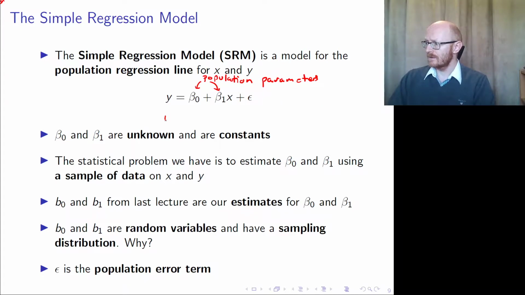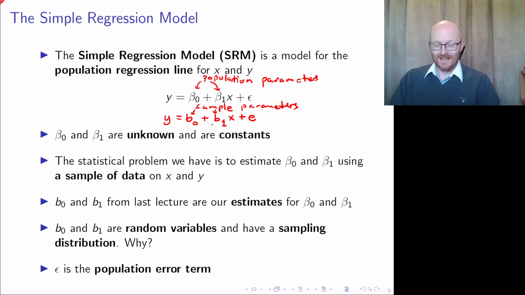What we can observe is the sample parameters plus E. So these are the sample parameters.